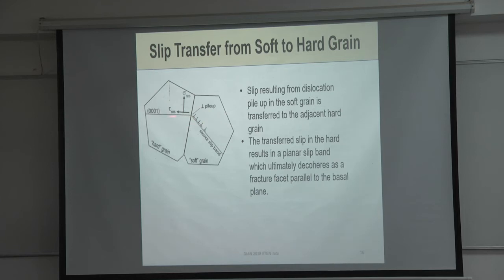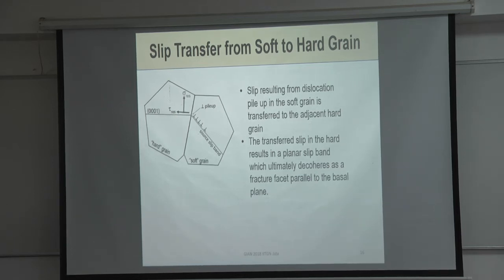This slip can take place, but if you do not have enough stress, if the stress for the decohesion of this boundary is less than the stress it takes to transfer the slip, then fracture would take place. Otherwise, the slip would take place.